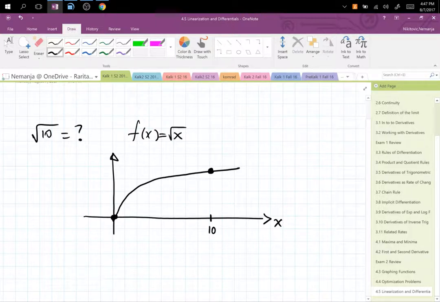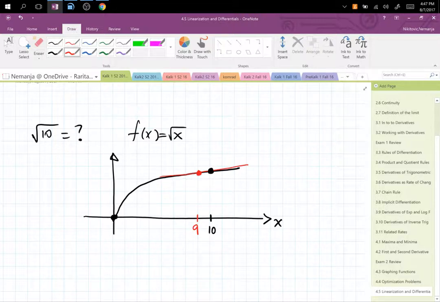But the trick is that for these well-behaved functions, you can find the tangent line at the point that you know how to take the square root of and put the tangent line there. Now, when you do that, you see that the tangent line passes very close to the point in question.